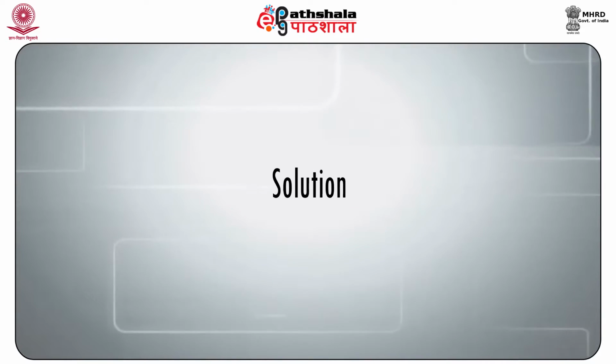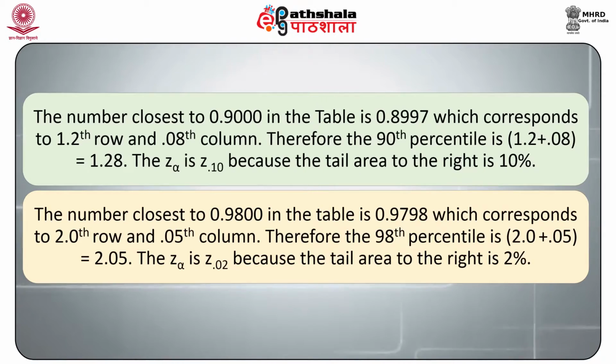The solution here: the number closest to 0.900 in the table is 0.8997, which corresponds to the 1.2 row and 0.08 column. Therefore, the 90th percentile is 1.2 plus 0.08, which is equal to 1.28. The Z alpha is Z10 because the tail area to the right is 10%.